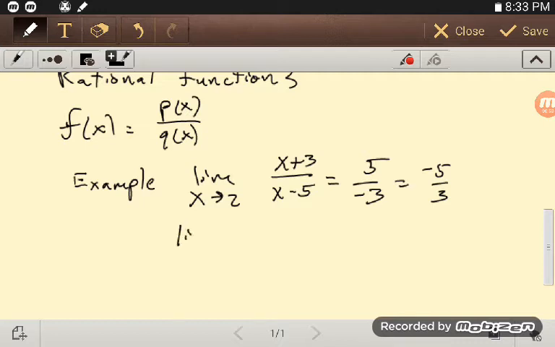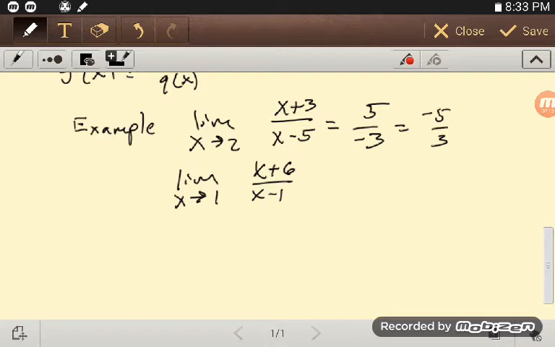Another one: I could have the limit as x goes to 1 of (x plus 6) over (x minus 1). That looks like 7 over 0.